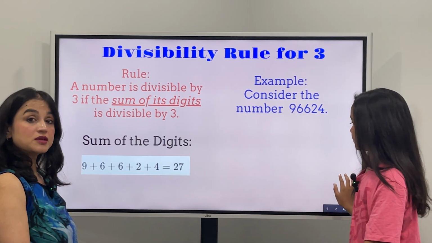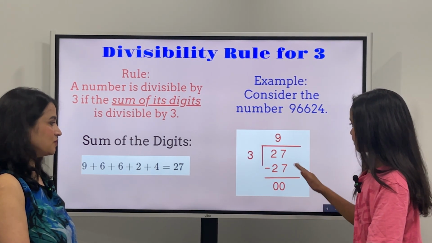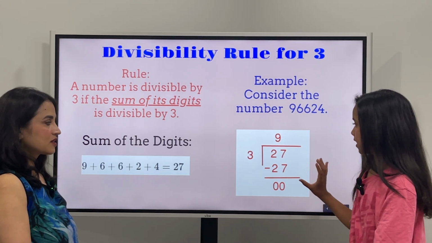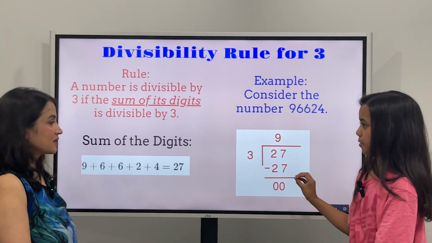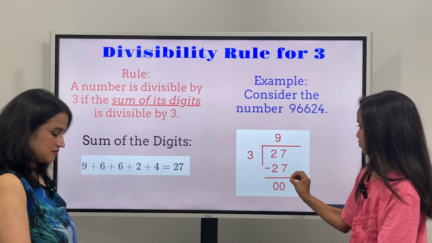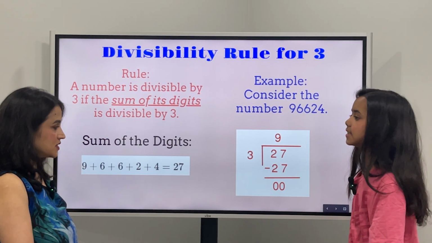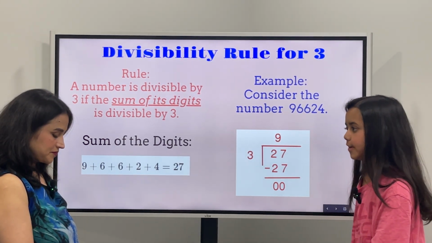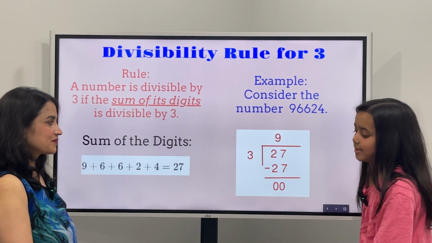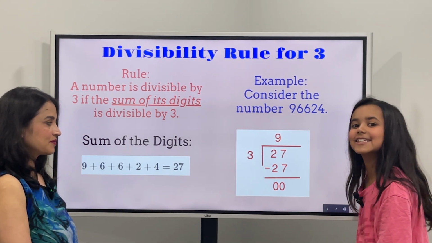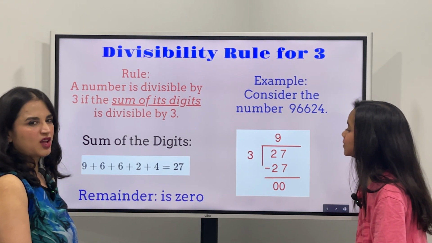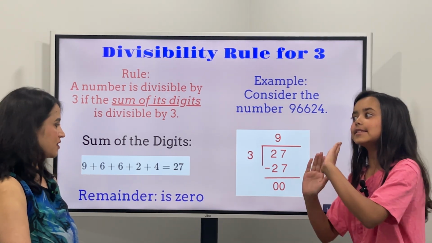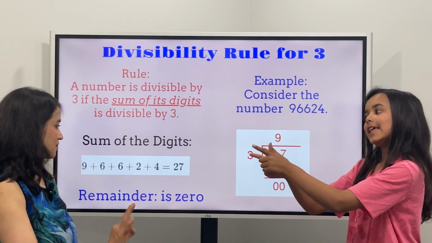So is 27 divisible by 3? And the answer is yes. 9 times 3 equals 27. So it's easy. You don't have remainder to keep on going, right? The remainder is 0.